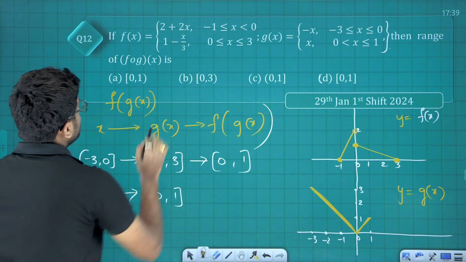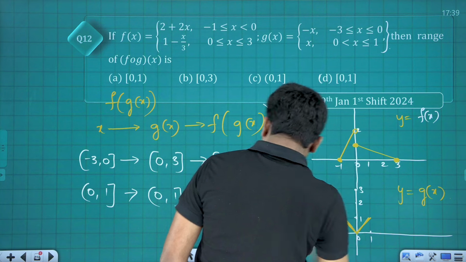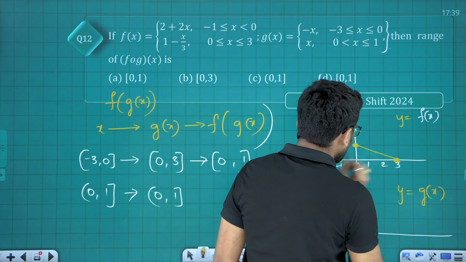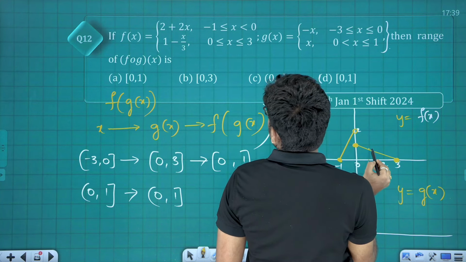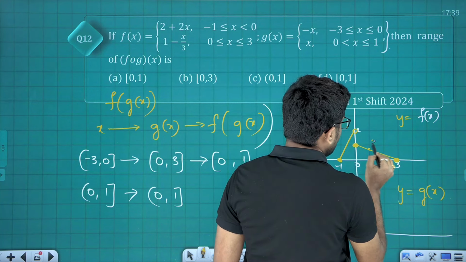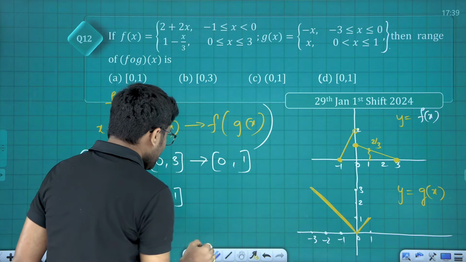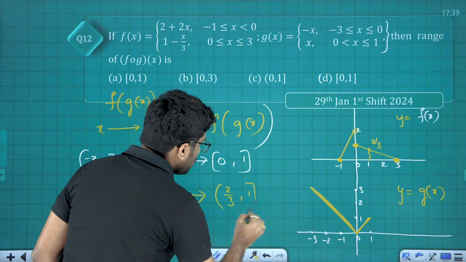For 0 to 1, now what is the range of f of x? Let's see. When x is 1, 1 by 3. 1 minus 1 by 3 is 2 by 3. So this height is 2 by 3 now. So clearly the range is from open 2 by 3 to closed 1.